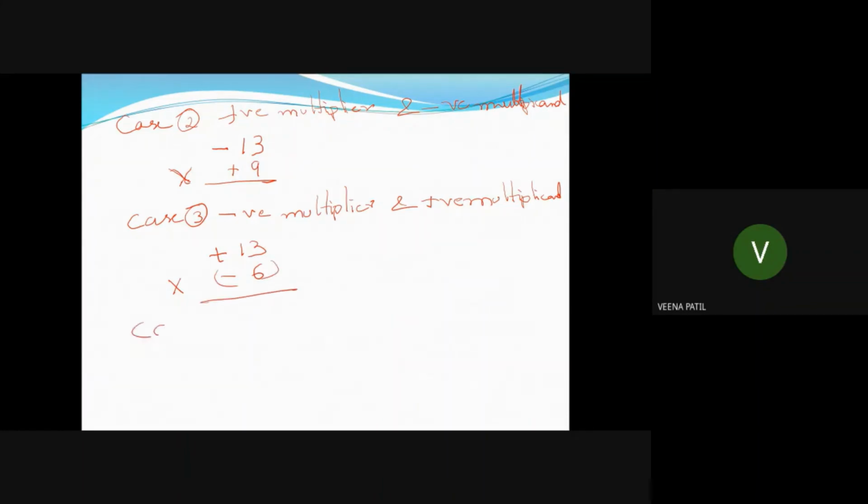Okay, take case 4, wherein I'm going to take a negative multiplicand and negative multiplier. Okay, so we'll take here minus 13 into minus 9. Okay, you've taken it down.